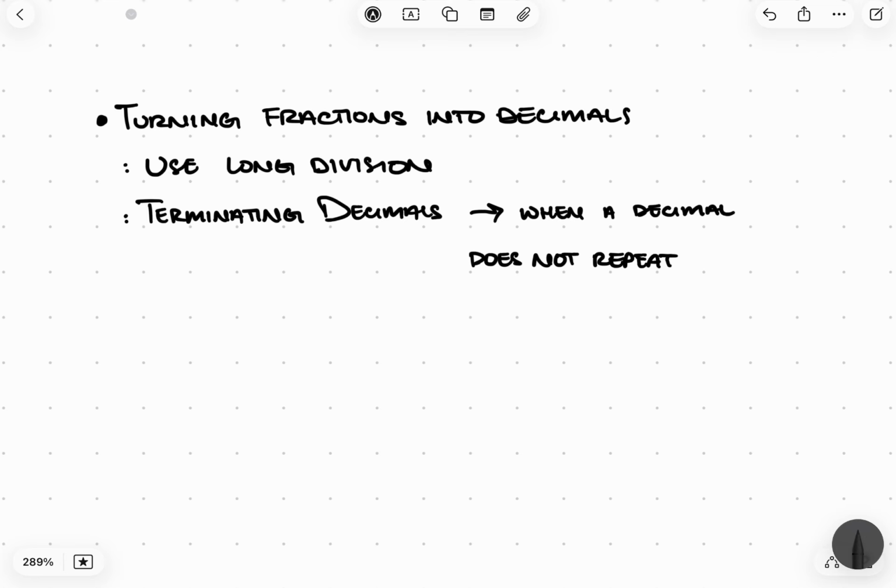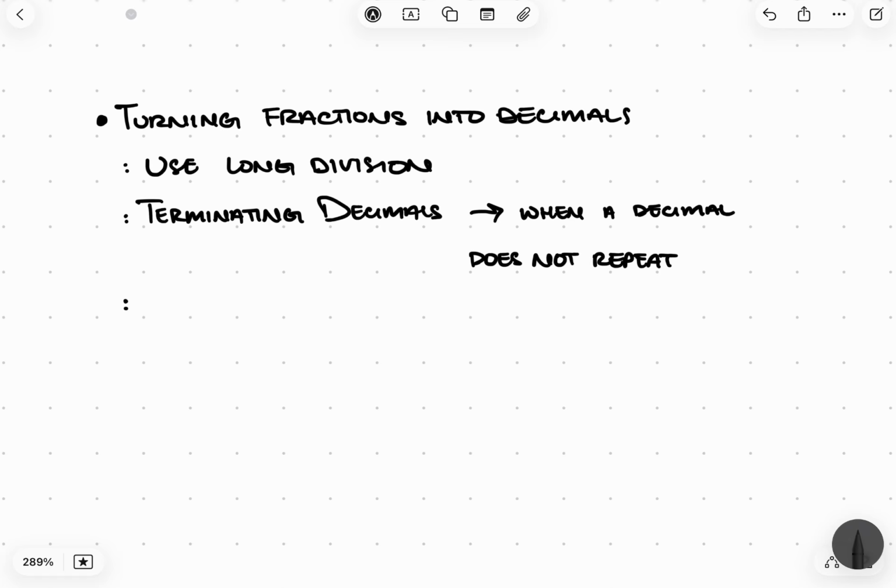So it terminates, right? Terminate means to stop, like the Terminator, or something like that. So this number will not repeat. And generally, they will be fairly nice numbers, usually numbers divided by 2, divided by 5. Those are pretty good numbers here.